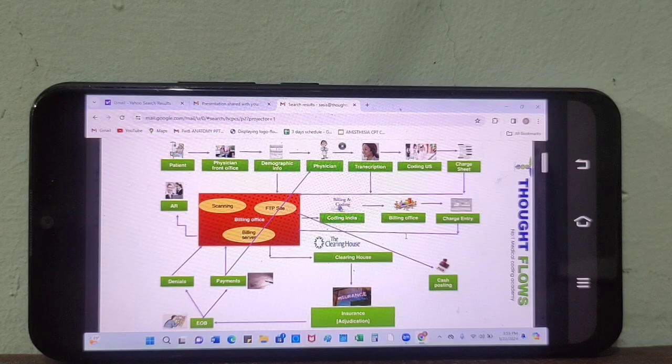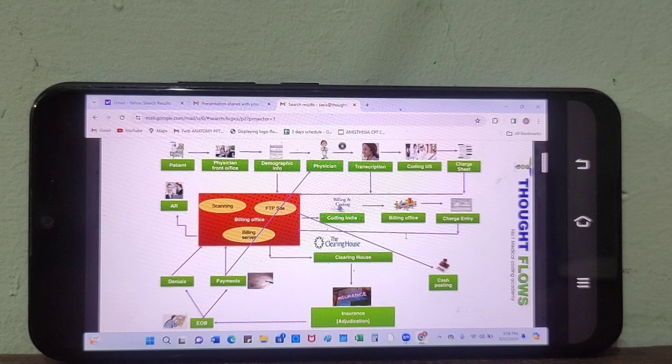So every piece of information is present in the EOB. They give the coverage information, the actual cost of the service, how much the insurance company will pay, and how much we need to pay.